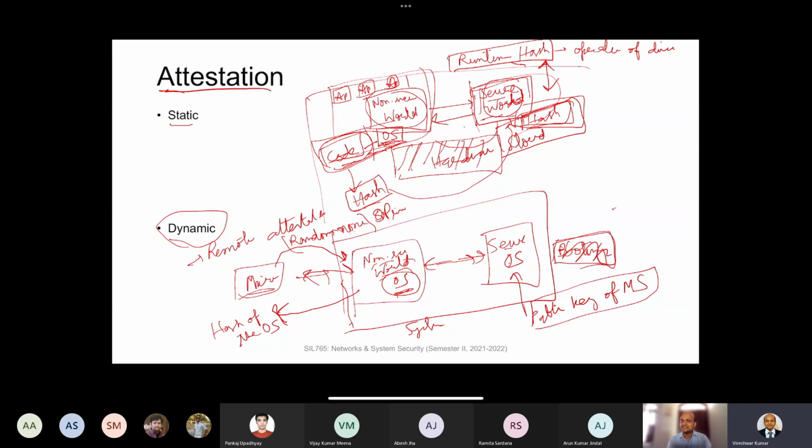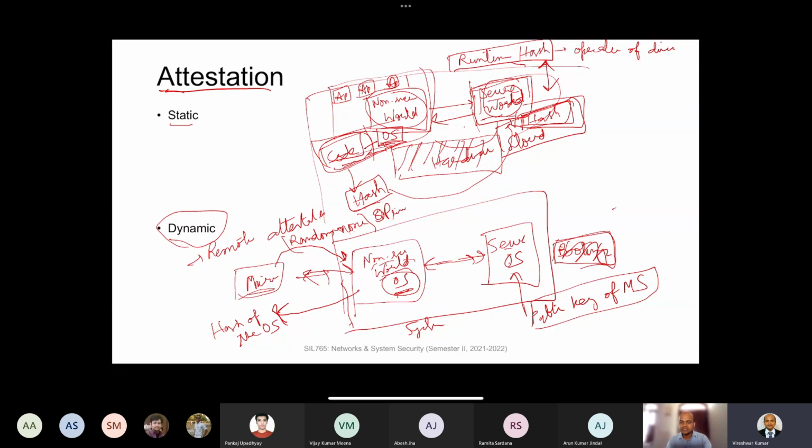Once the secure world sees this random nonce and this request to do attestation, and it sees the digital signature on it from Microsoft, it will be able to verify the signature using the public key of Microsoft.